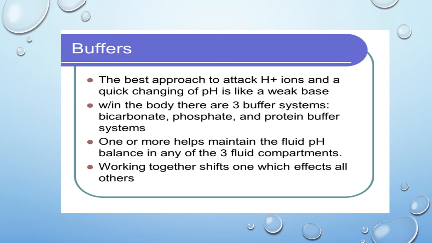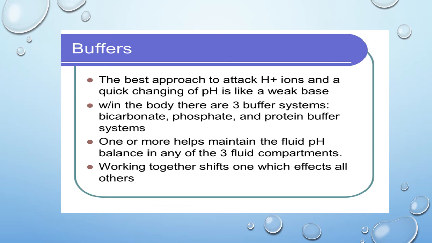Within the body, there are 3 buffer systems. There's the bicarbonate buffer system, there's the protein buffer system, and the phosphate buffer system. These are systems that fix the pH level in one of 3 fluid areas. Remember, water was found in 3 areas.